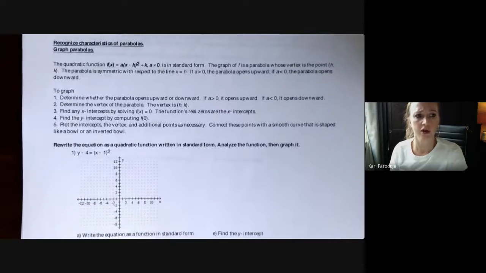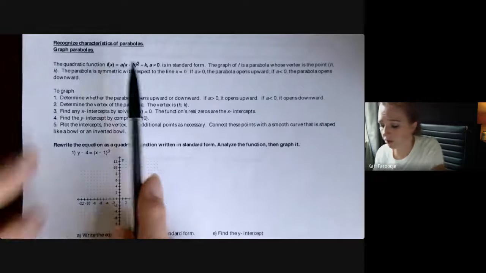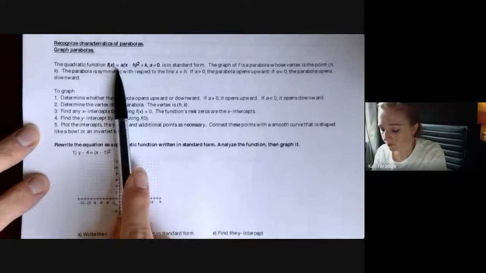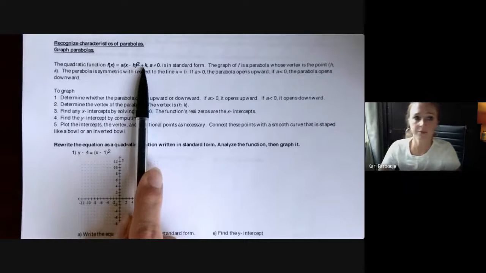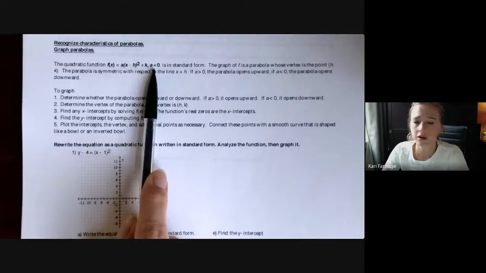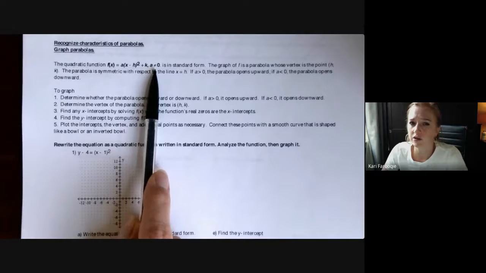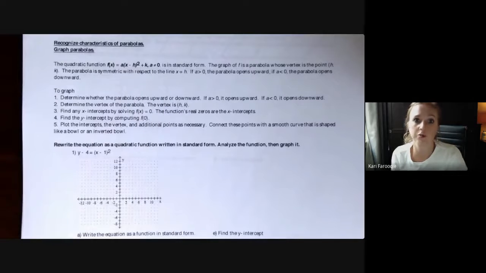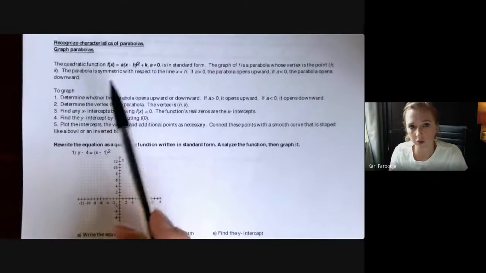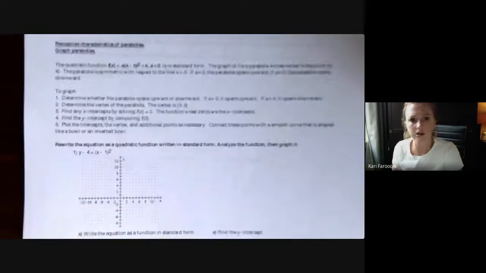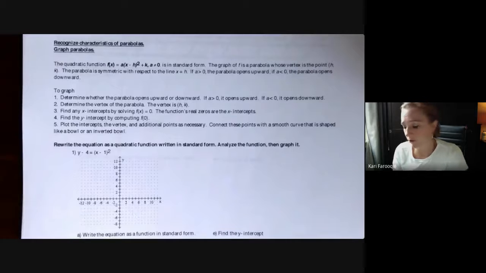Now, a quadratic function, I'm writing it right now in this form, f of x equals a times x minus h, quantity squared, plus k, where a is not equal to 0. Before we talked about quadratic functions being written in general form, where you had f of x equals ax squared plus bx plus c. We will use that again later on in this section, but for now we're focusing on this standard form of the function so that we can really take some information out of that standard form and use it to graph the function.